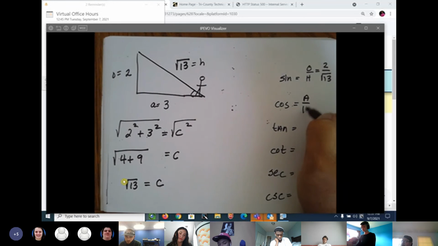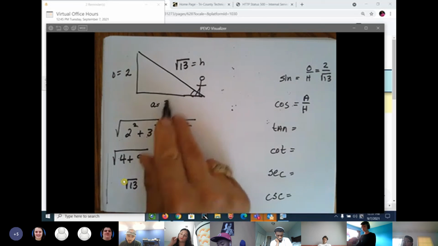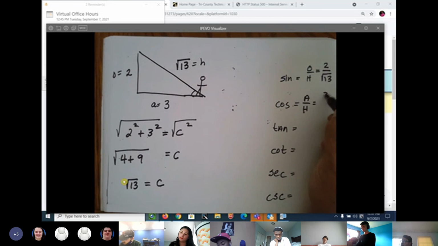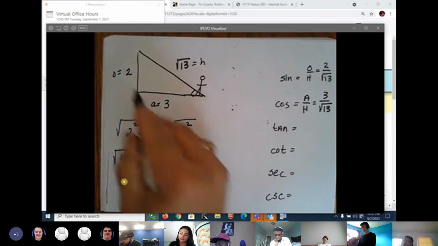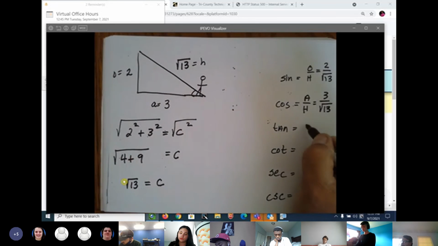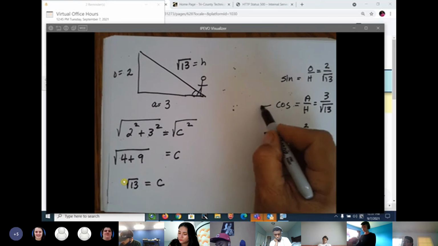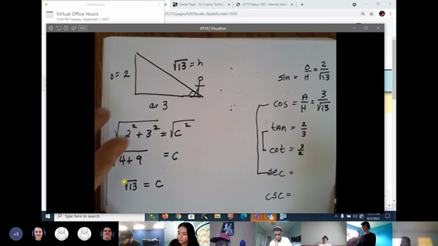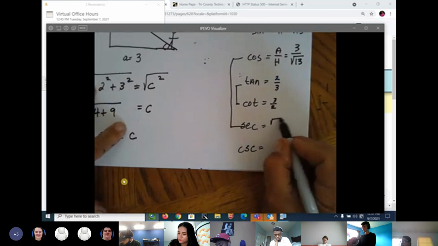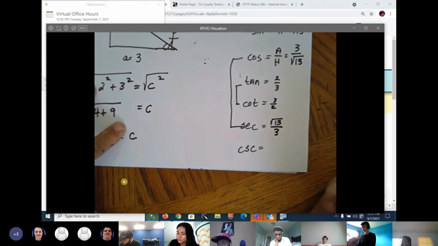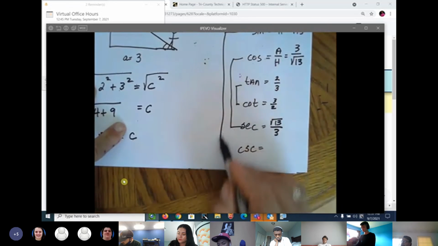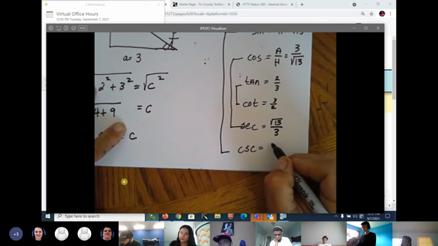A hunk, the cosine is 3 over square root 13. Of apple, the tangent is 2/3. So therefore, the cotangent is going to be 3/2. Secant is going to be square root 13 over 3. And the cosecant is going to be the square root of 13 over 2.